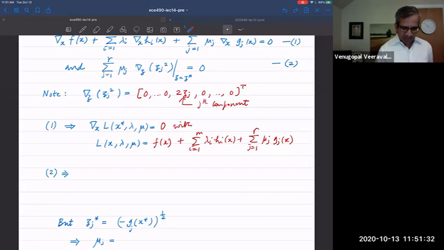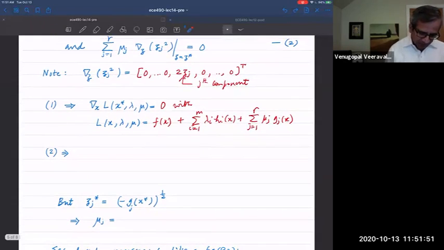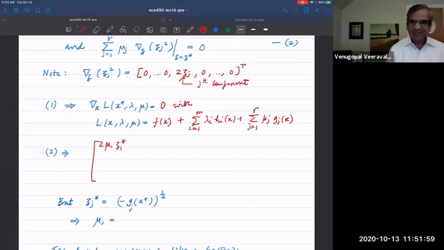So the jth term in the summation is a vector that just has 2 mu j zj in the jth component. If I add all those vectors together, each component of the vector will correspond to a different product of 2 mu j zj star. So I'll get 2 mu 1 z1 star, dot dot dot, 2 mu r zr star, equal to 0.